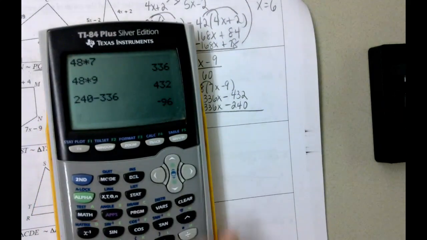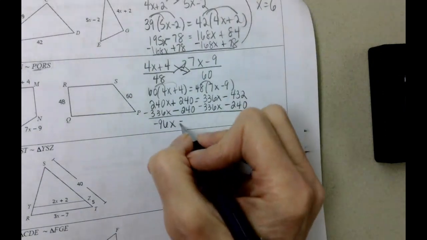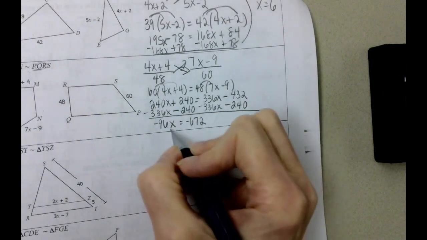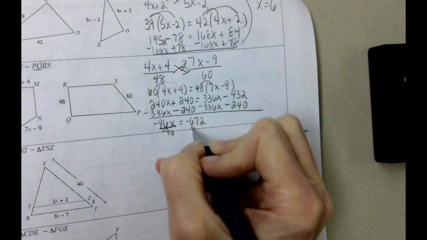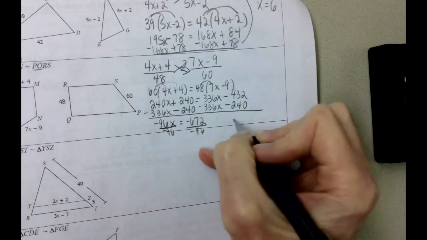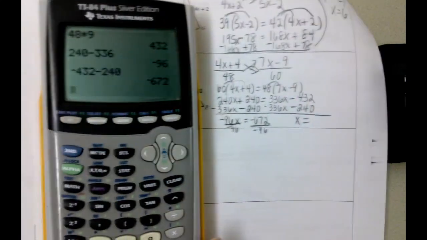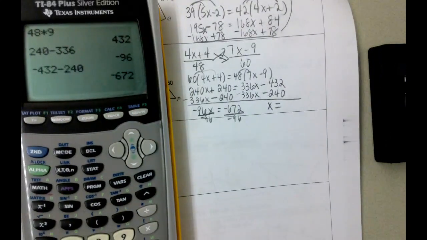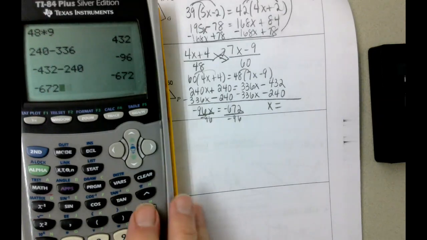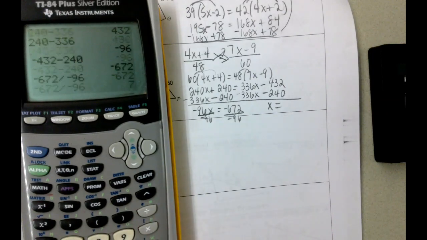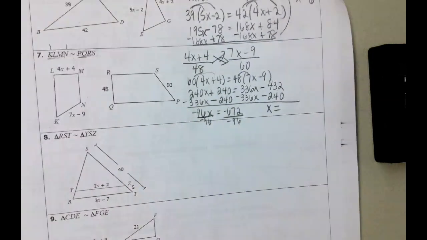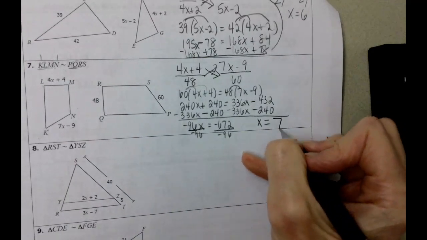So in this case, it is negative 432 minus 240, which gives us negative 672. So we're going to divide both sides by negative 96 to get our value for x, and negative 672 divided by negative 96 gives us 7. X equals 7.